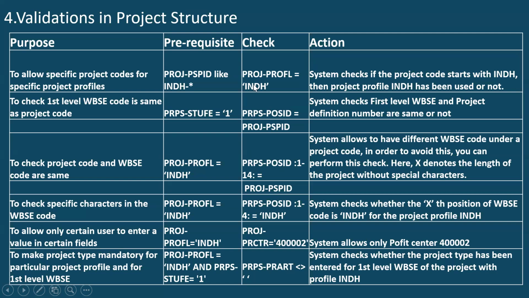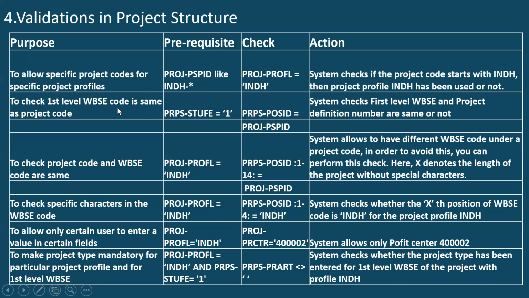If I write the validation so that the user can select only INDH, I should not allow other project profiles for creating projects with INDH. That is, for independent house projects, the user should select only the independent house project profile. I have to disallow other project profiles. That is our first validation that we are going to see.